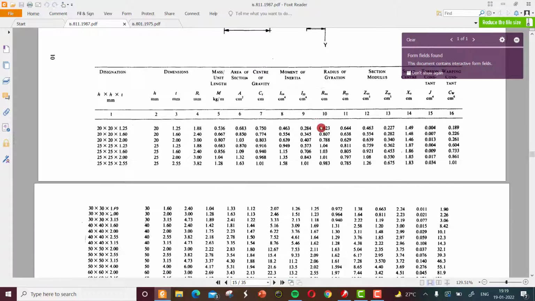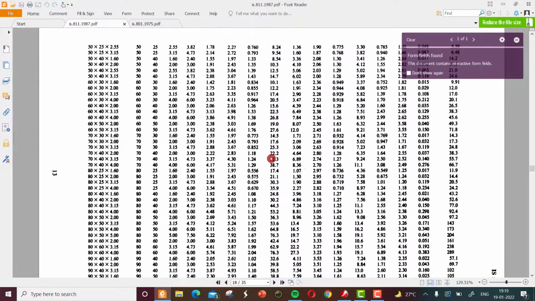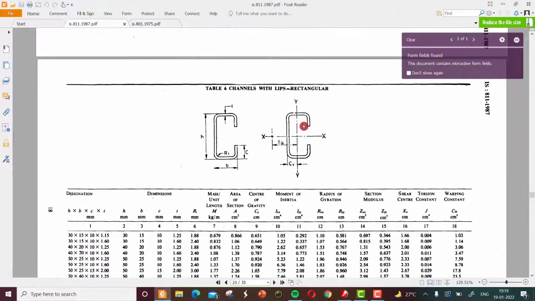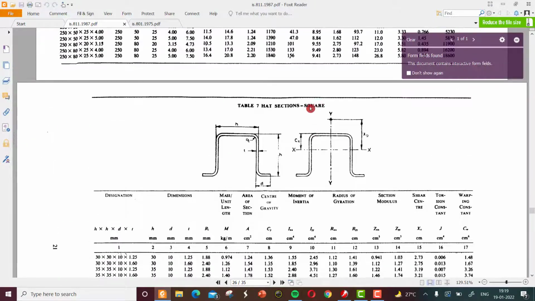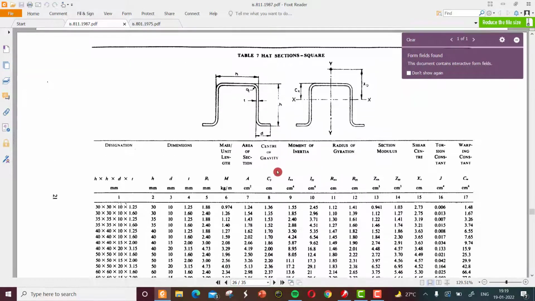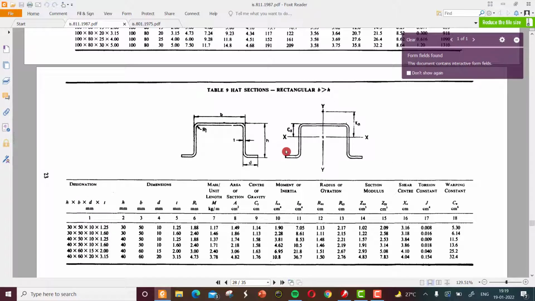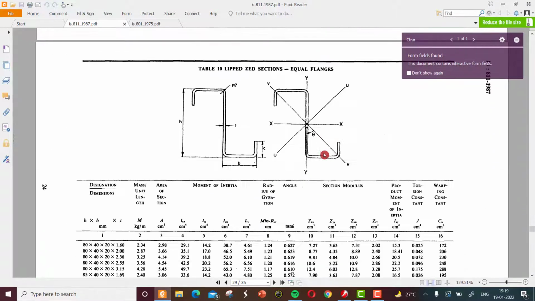Then channel without lips, rectangular shape. Channel with lips is this portion which is the extension of this flange. So this will ensure more stability for this cross section. Channel with lips, rectangular. And this is a hat section, rectangular, different p greater than h.